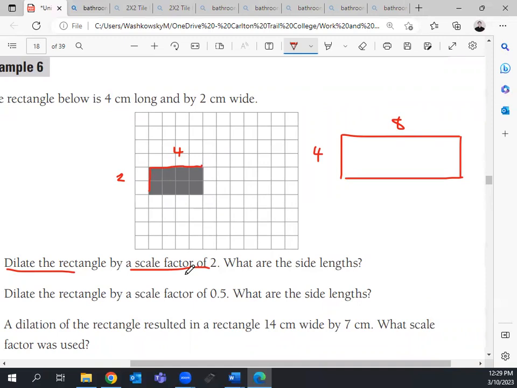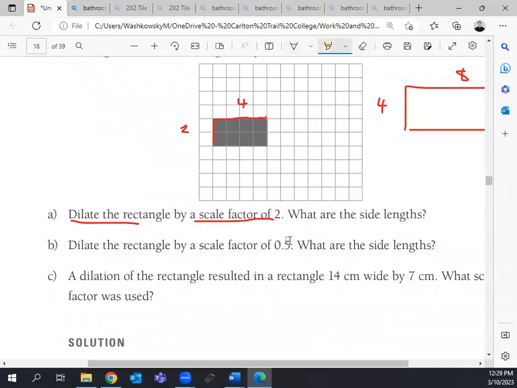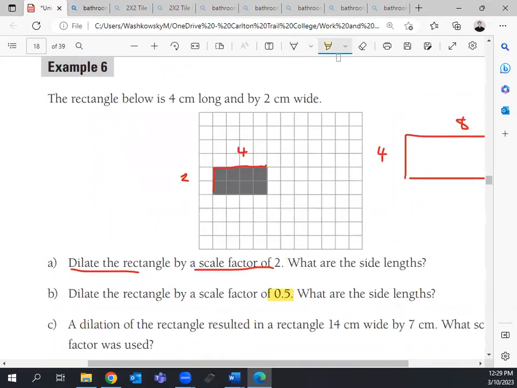We've looked at this before with ratios. Now, when you dilate these rectangles by a number smaller than 1, what's going to happen to it? It's going to shrink. Yeah, that's absolutely right. So now 2 times 0.5, it's going to be 1 centimeter tall and 2 centimeters long.